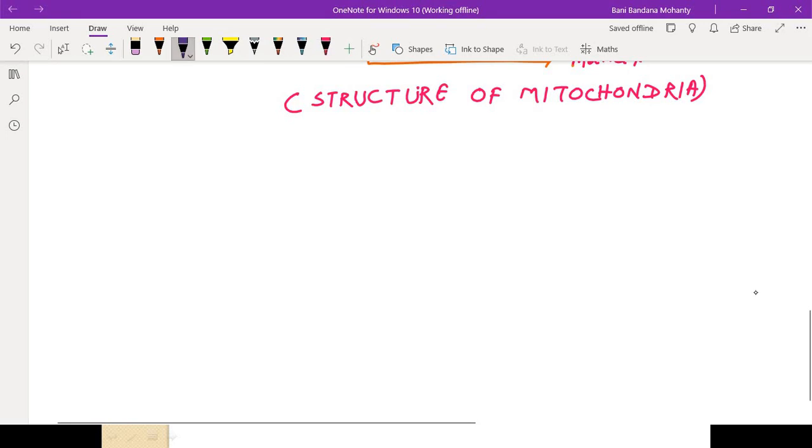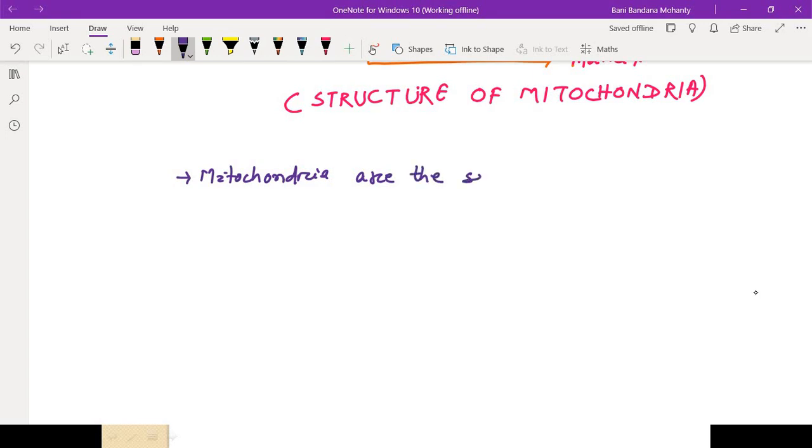Mitochondria are the sites of cellular respiration. Cellular respiration is of three kinds.